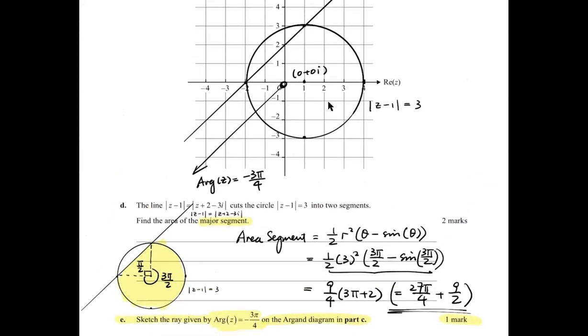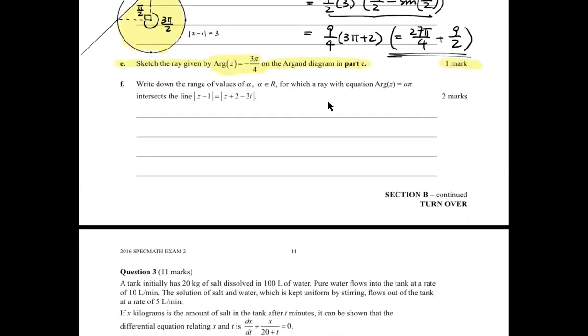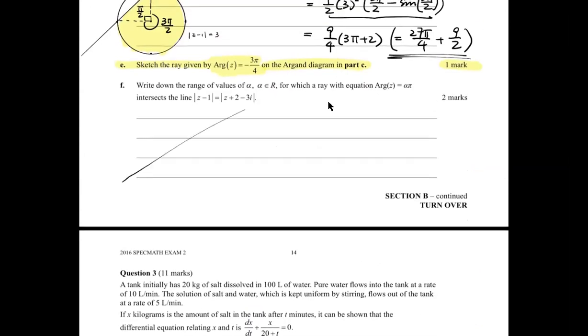All right. Let's have a look. This is your line, right? So your ray is here. When the angle here, alpha pi, equals minus 3 pi on 4, they are running parallel, and hence they don't have any point of intersection.